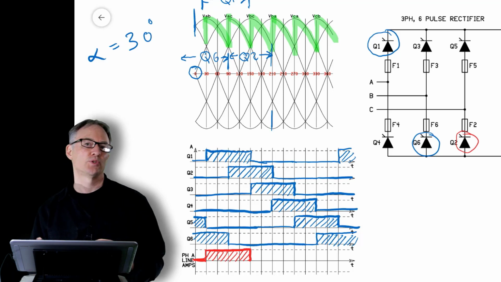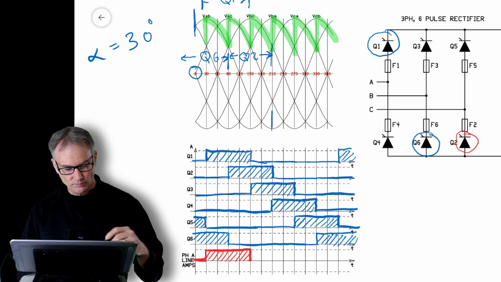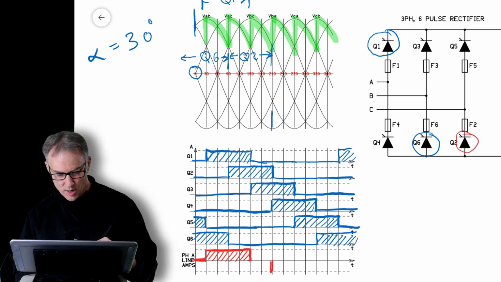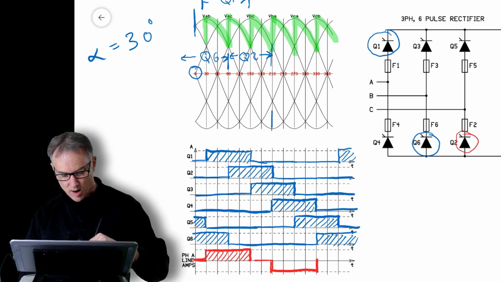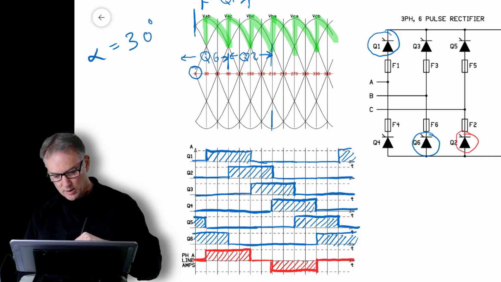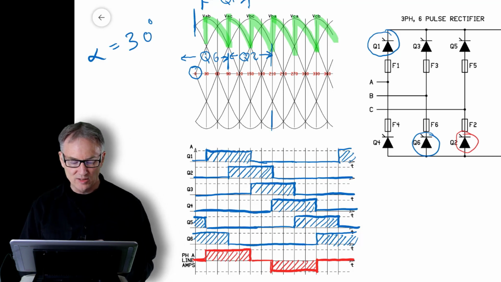So when current flows the other way through phase A, it's going to come back on Q4. So looking at Q4, I'm going to draw that now as a negative current, because that means it's going the opposite direction in line A from what the current was when it was going through Q1. Okay, so the red line now represents what the AC line current is going to look like.